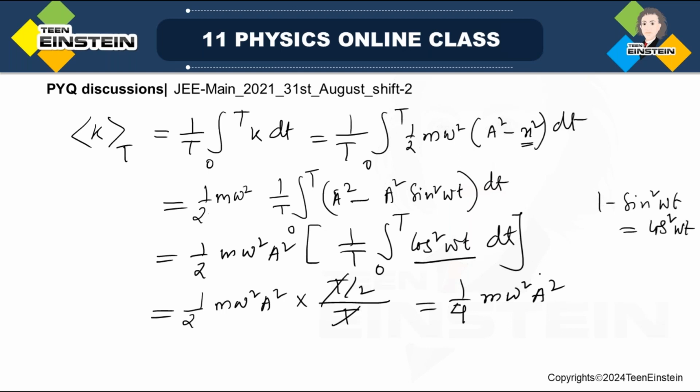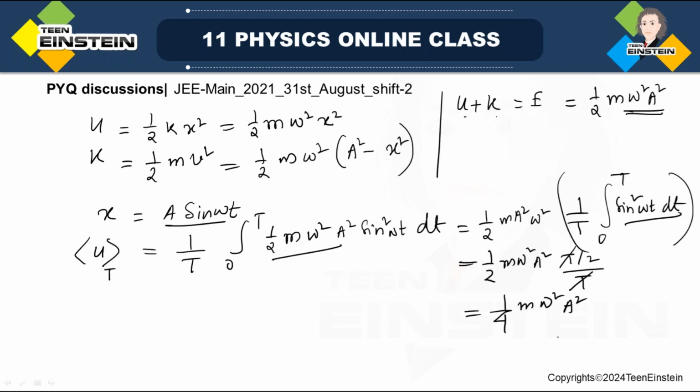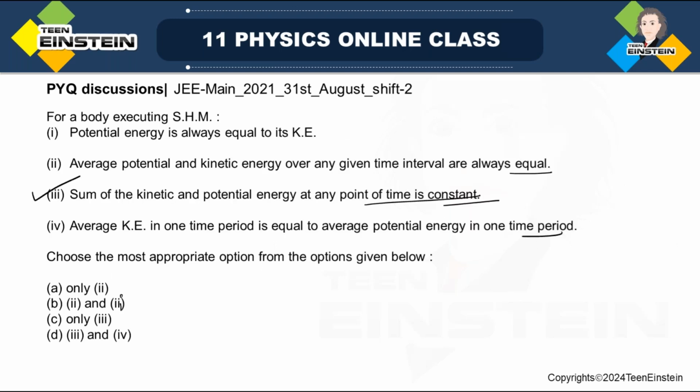This is equal to the average potential energy in a full cycle. But it is not true for any arbitrary time or at any displacement. The statement that average potential and kinetic energy over any given time interval are always equal is not true.